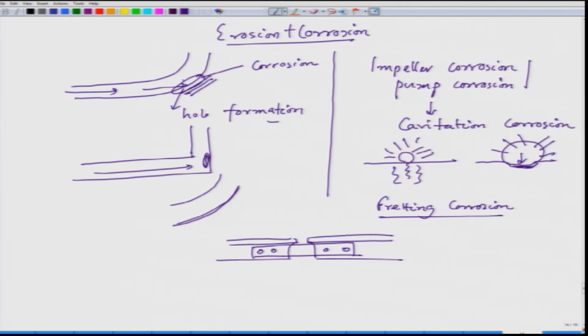Now, when a rail moves, there would be a small vibration around that fish plate region. The vibration could be this way or this way because of expansion and contraction. This vibration is so small, the amplitude is so small, that it remains in the fretting region.